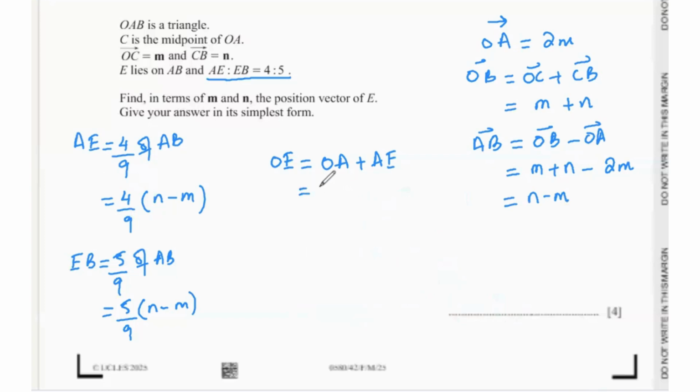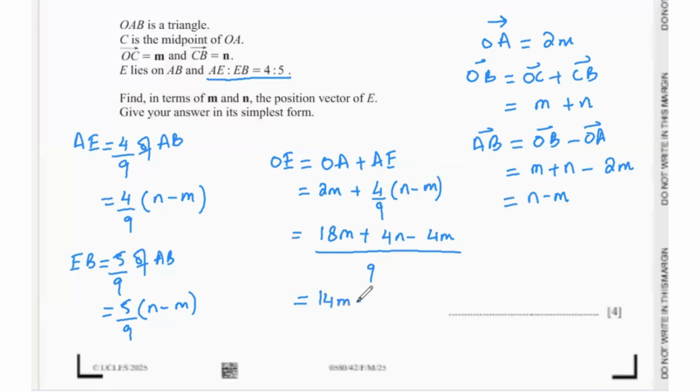So OA is given as 2M, and AE we found to be 4/9 times N minus M. So that's going to be 18M plus 4N minus 4M over 9. I made the denominator same, which is 9, and expanded the bracket over here. So 18M minus 4M is going to be 14M plus 4N over 9. This is your vector OE, the position vector of E, in its simplest form.